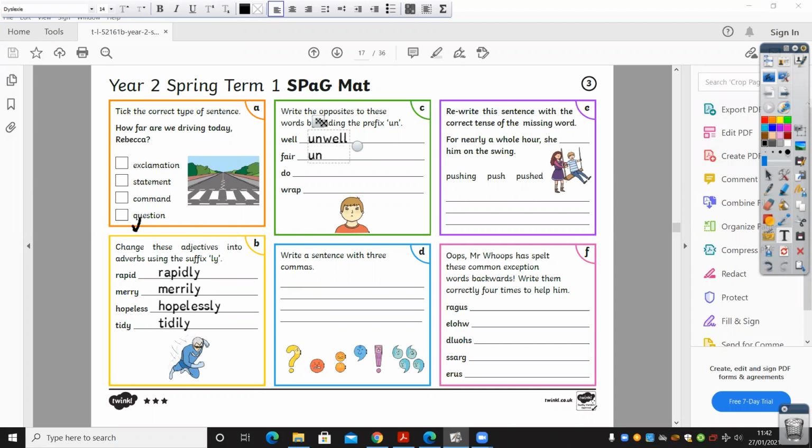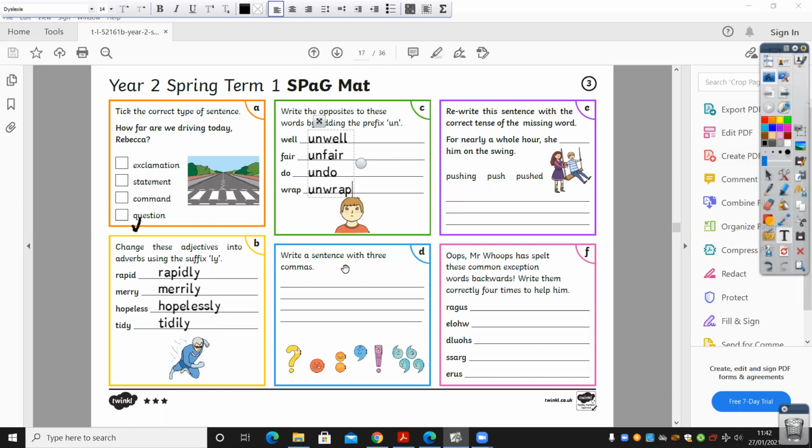And again, I write the prefix un and then the word fair, so it becomes unfair. Prefix un and then the word do becomes undo, and then prefix un and then the word wrap becomes unwrap. So prefix goes at the beginning of the word, suffix goes at the end of the word, children.